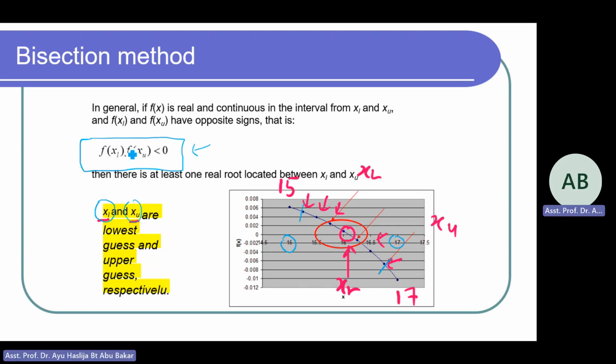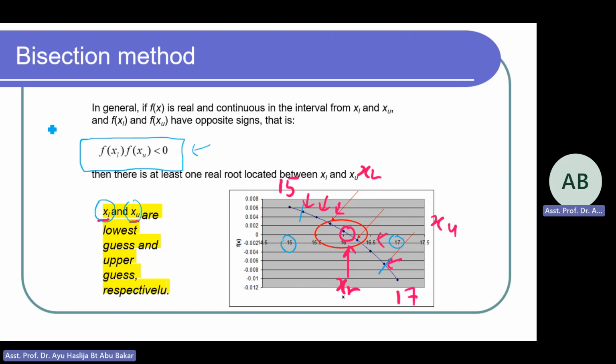Okay, basically for the bisection, you will need to fulfill this: FXL multiplied by FXU must be below 0. Then from here, if it meets the requirement, then only XR exists.